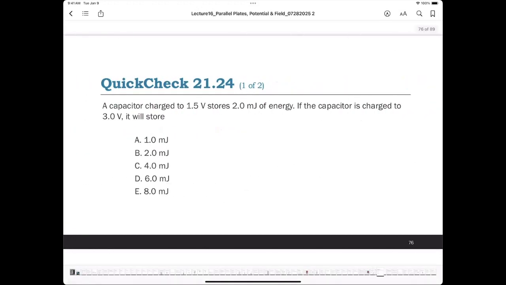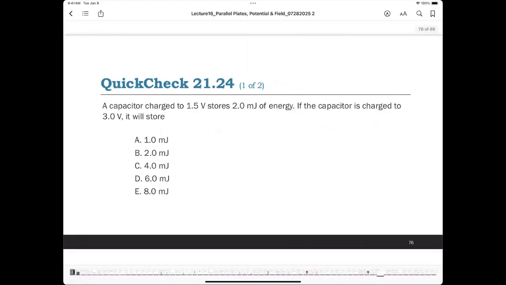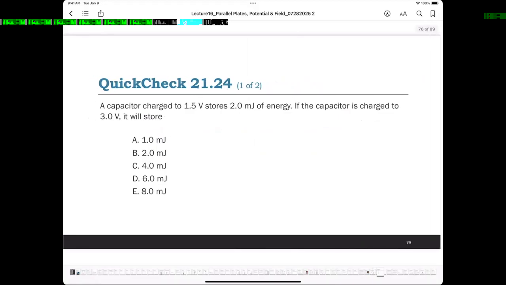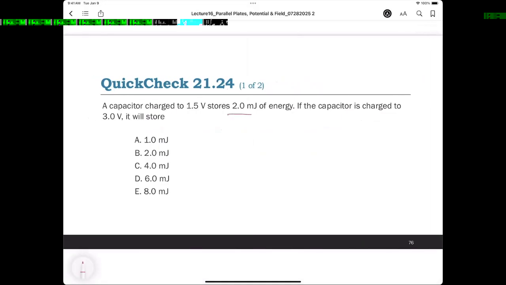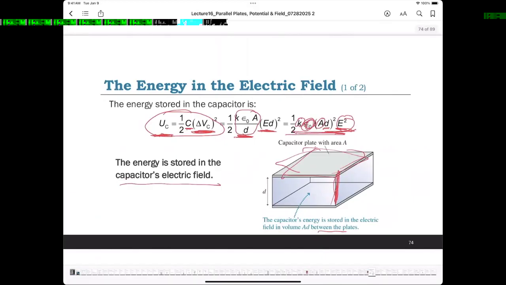Okay, let's talk about some quick check questions. A capacitor charged to 1.5 volts stores 2 mJ of energy. If the capacitor is charged to 3 volts, it will store what?